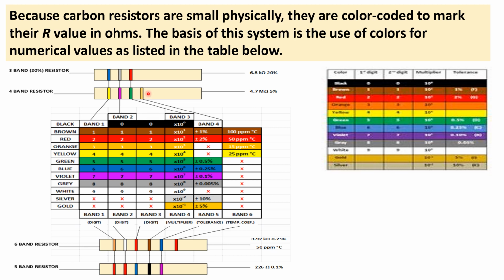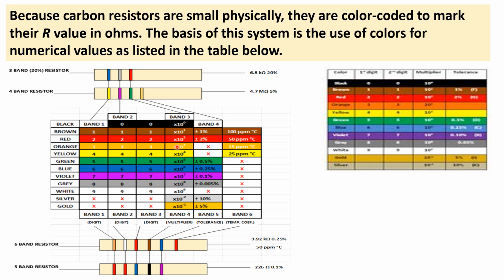Normally, the last color band, for example, in a 4 band resistor, the fourth band would represent the degree of tolerance, while the third band represents the multiplier.